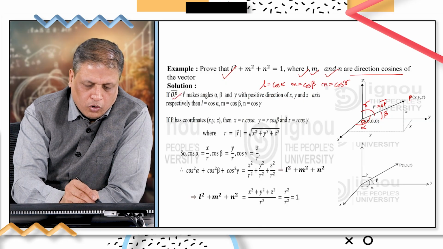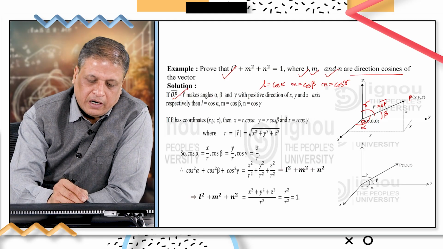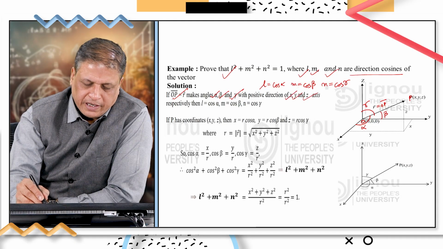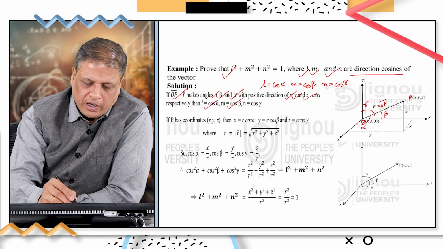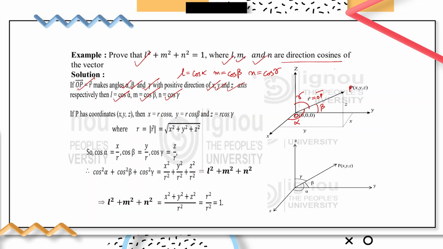So, if vector OP, that is vector r, subtends angles alpha, beta and gamma with the positive direction of x, y and z axis, then L is equal to cos alpha, M is equal to cos beta and N is equal to cos gamma. So, the vector OP, that is vector r, will be given by xi plus yj plus zk.